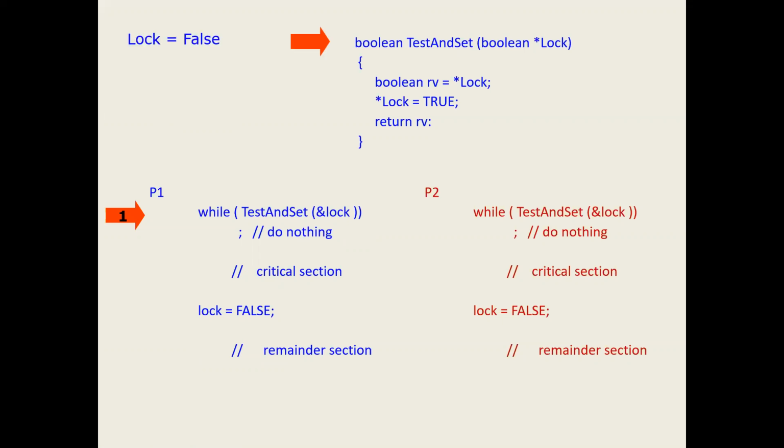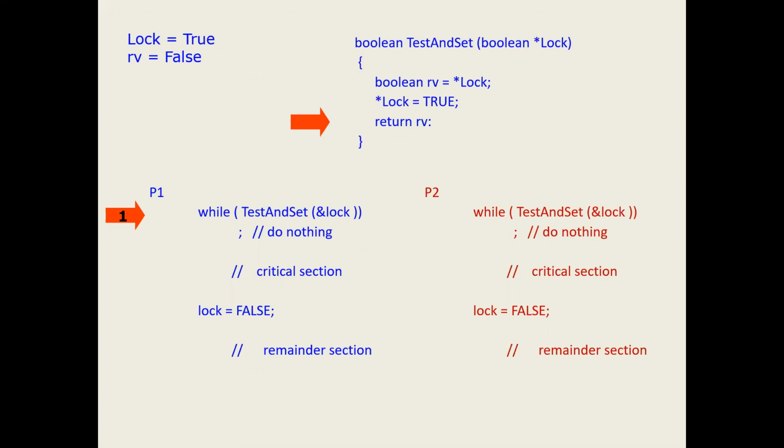Initially lock is set to false, right? Initially the lock is set to false. So when we execute the first line of P1, while test and set will pass the value of the lock, which is false. So lock value will be copied to RV, which becomes false, and then lock is set to true and it returns RV.